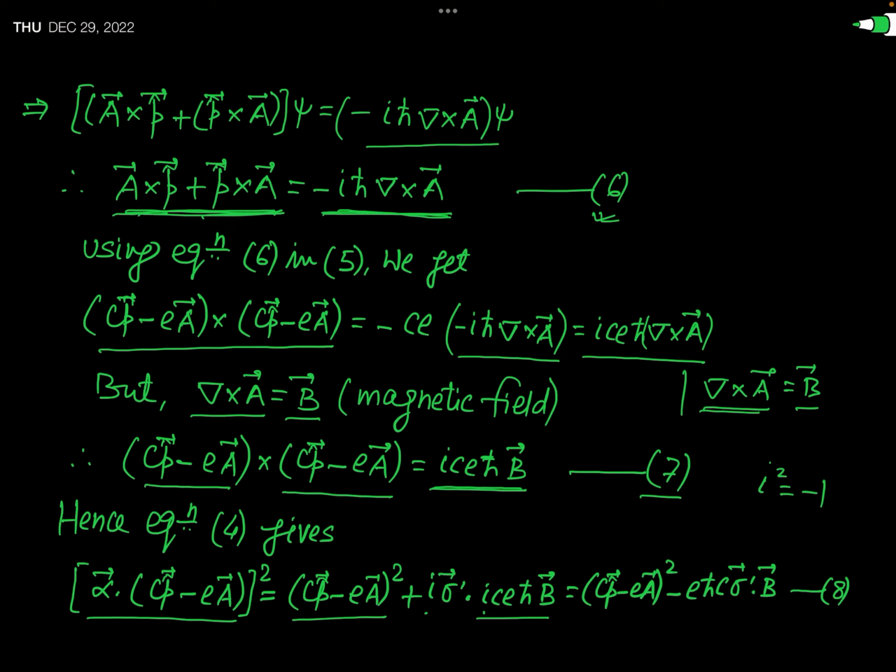So you can write it equal to (Cp minus eA) whole square minus e h bar c sigma dash dot B. So we have simplified one of the terms in the RHS of equation number 4.